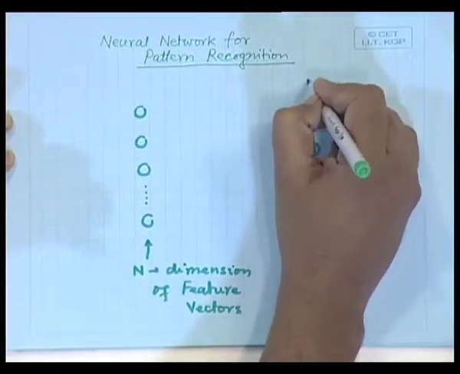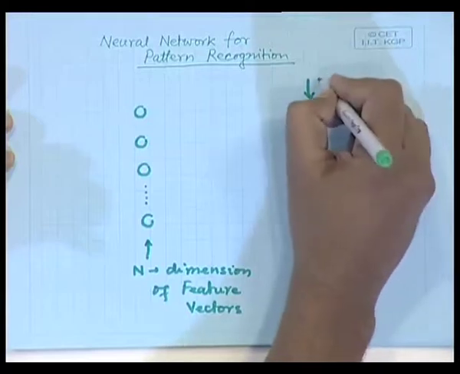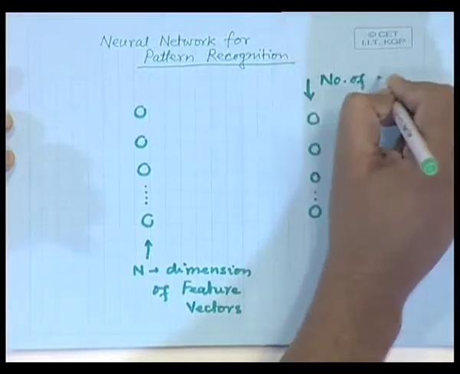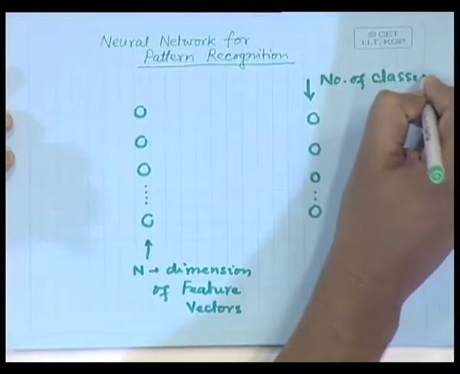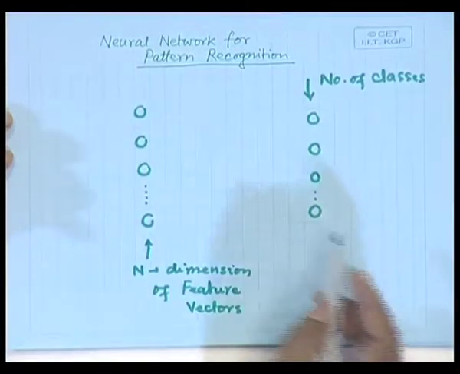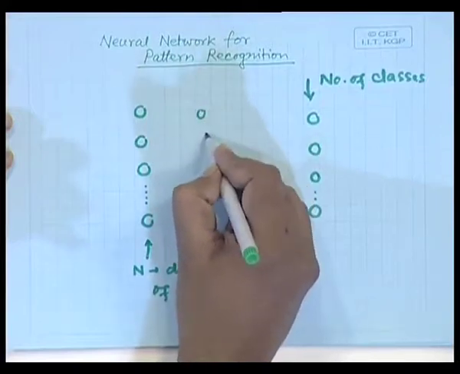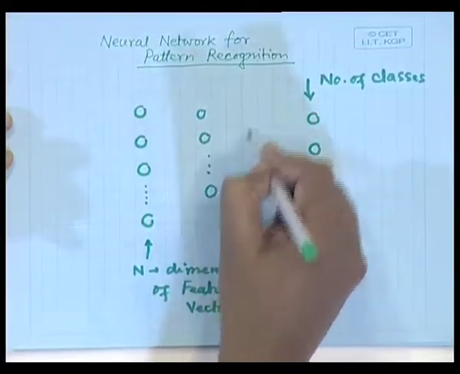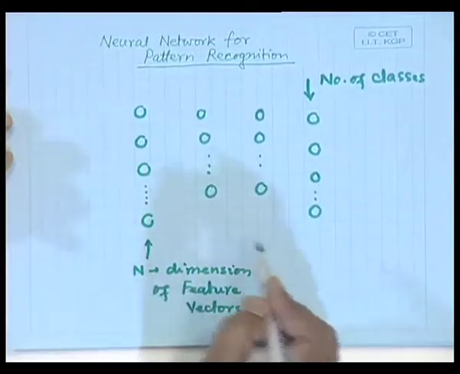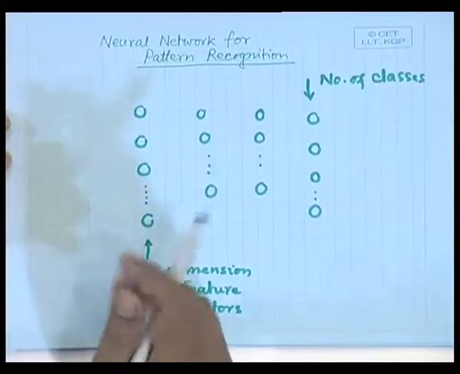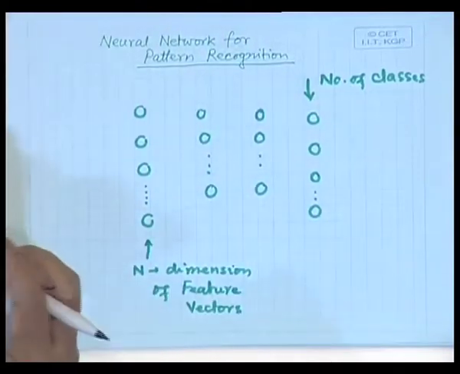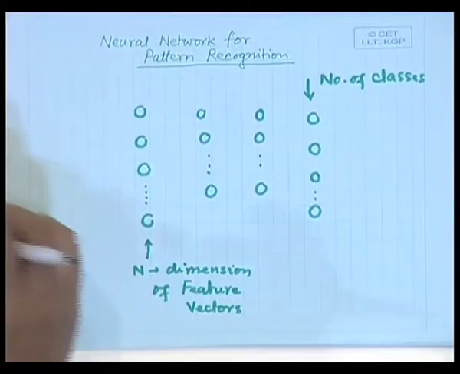At the output we have a number of nodes which is the same as the number of classes. And we have one or more hidden layers, which will also have a number of nodes. Typically, if we have around 2 hidden layers, so that in total we have 4 layers, including the input layer and the output layer, that is mostly sufficient for most practical applications.